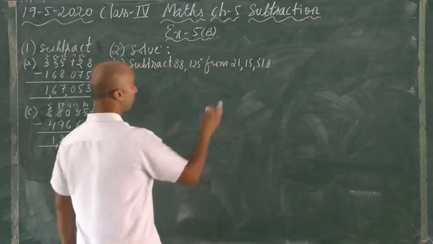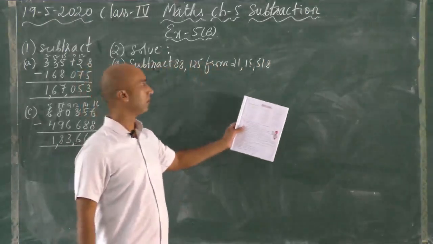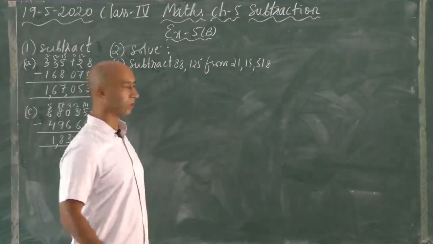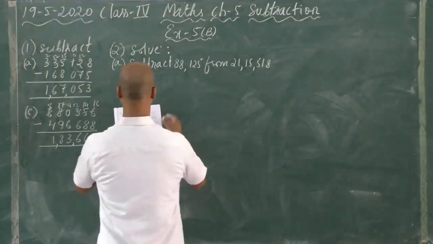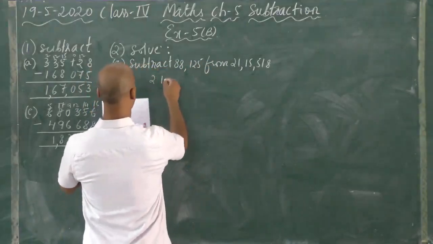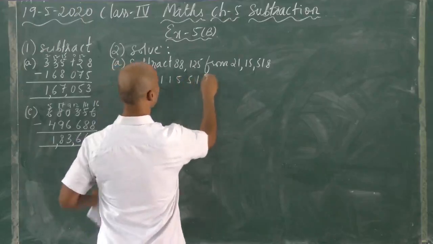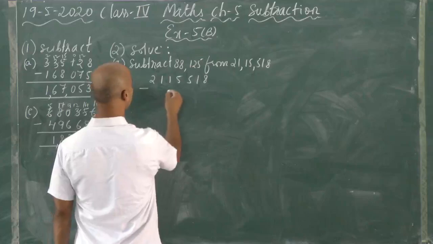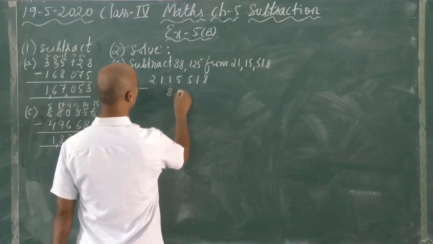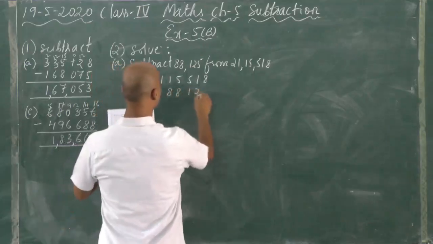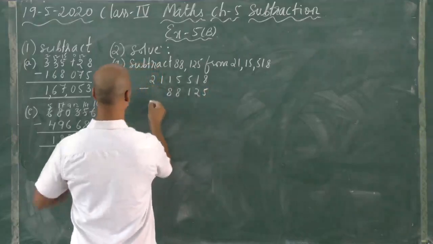Okay, so you need to subtract. As I said earlier, from will be written on the top, so you will write it on the top. 21,15,518 minus 88,125.